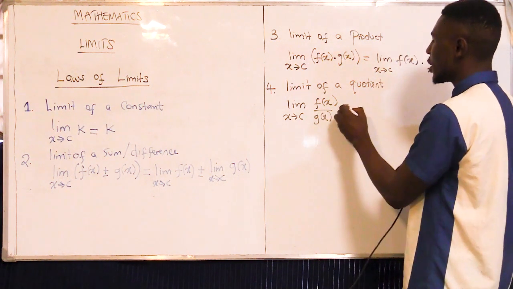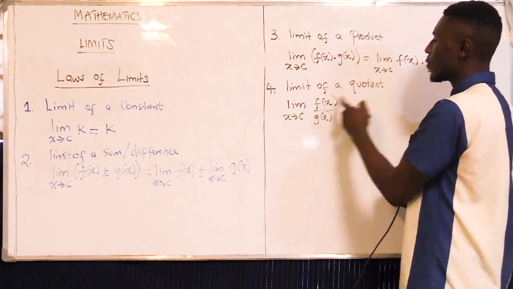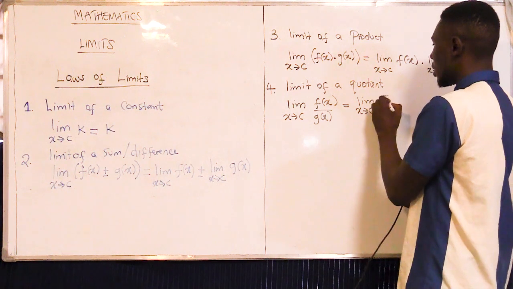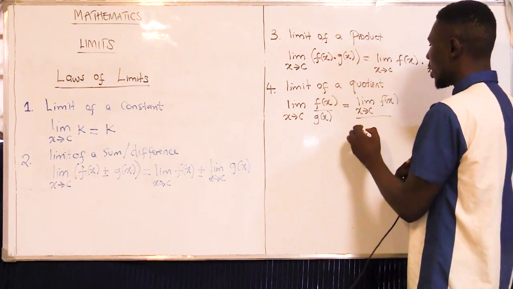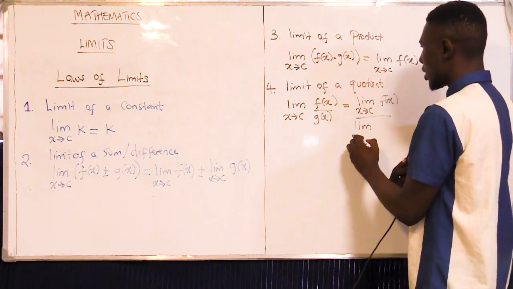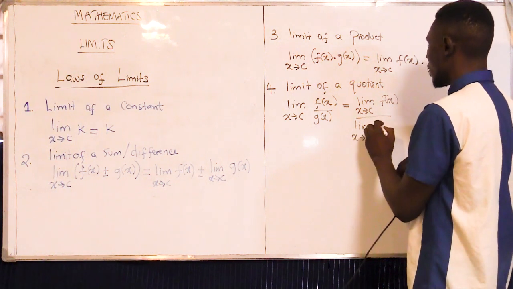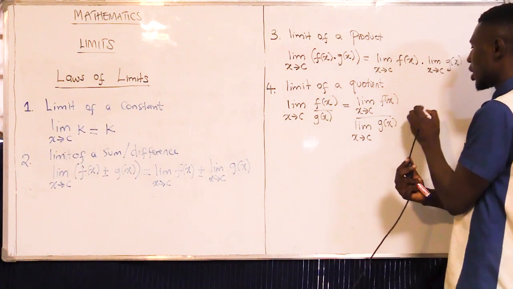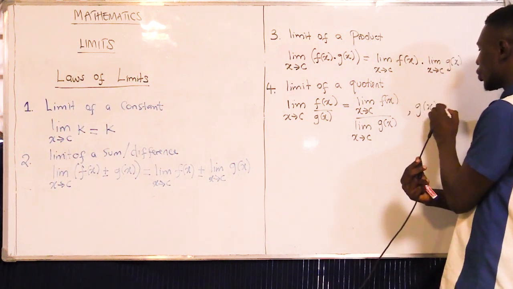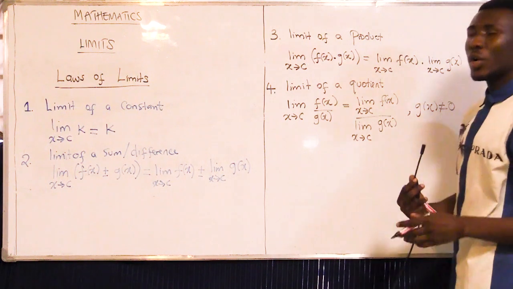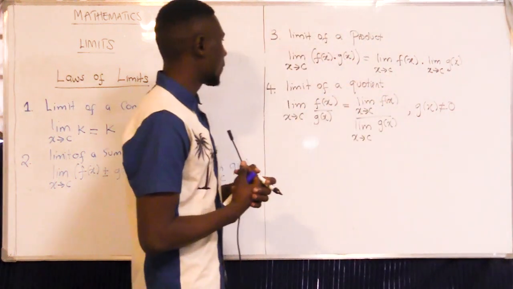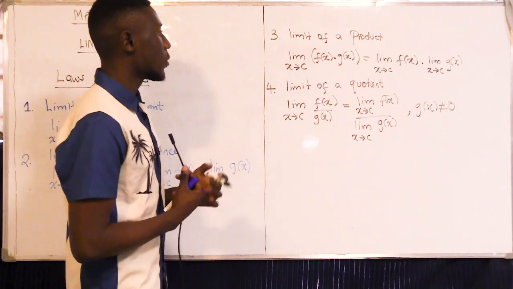And this gives me limit as x approaches c of the numerator over limit as x is approaching c of the denominator. Now there's a condition to this. The condition is that g of x should not be equal to 0, or else the limit does not exist. So this is the fourth law, which is limit of a quotient.